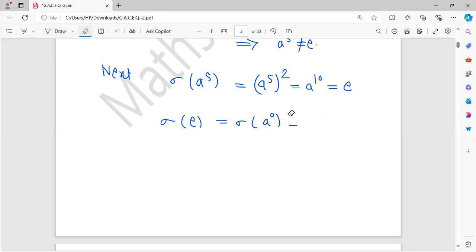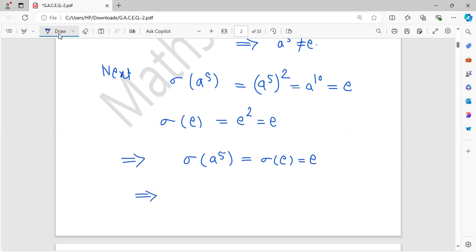What is this sigma of e? This is e squared. e squared is identity. So this implies sigma of a to the power 5 is equal to sigma of e, which is equal to e. But a to the power 5 is not equal to e. So this implies sigma is not 1-1.